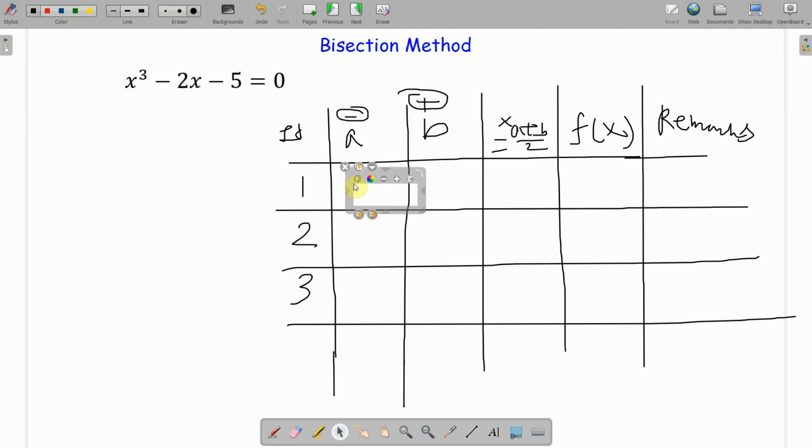Okay, do this. Find out where you are getting positive and negative values of f(x). That's your initial step, and tell me the points.